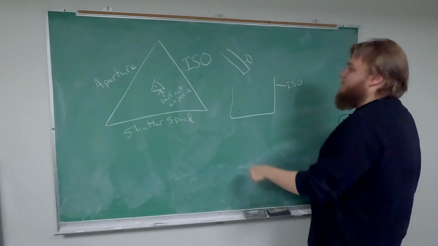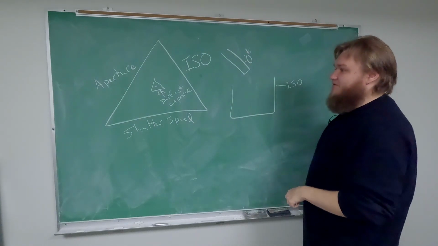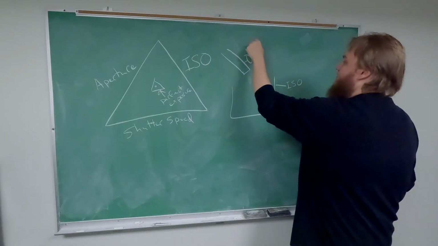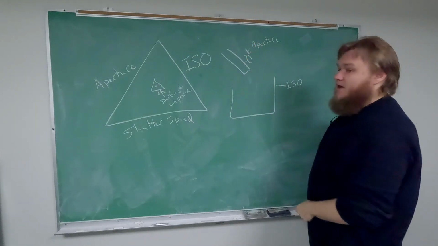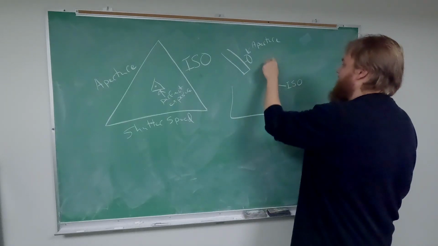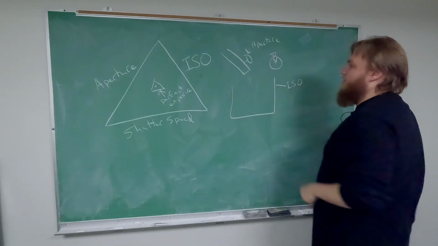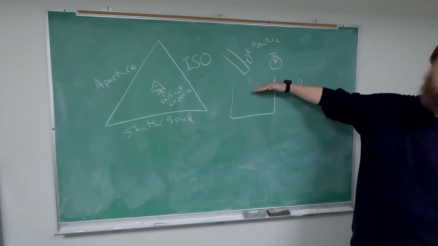The spigot and how much we've undone that valve, that is essentially going to be our aperture. And then our shutter speed is how long we are going to wait until it fills up.